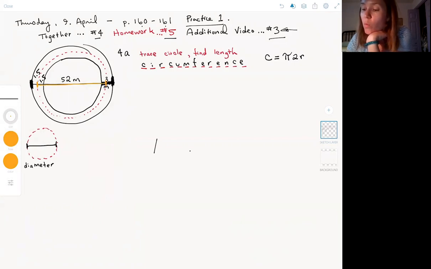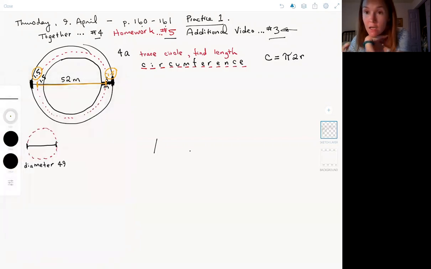Well, it would be 1.5 meters shorter on the left side and 1.5 meters shorter on the right side too. So my diameter here is going to be 52 minus 3, which is 49.